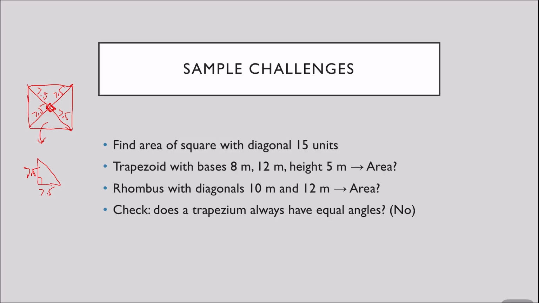A right isosceles, so basically these are just a 45, 45, 90 triangle, a special triangle. So your hypotenuse will be 7.5 square root of 2, based on our knowledge of special triangles that we learned previously.